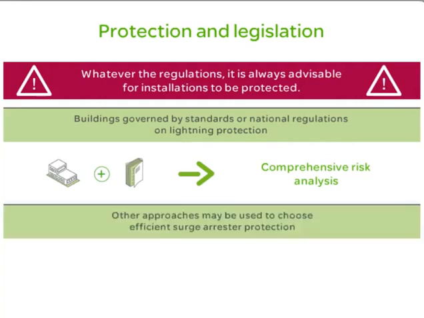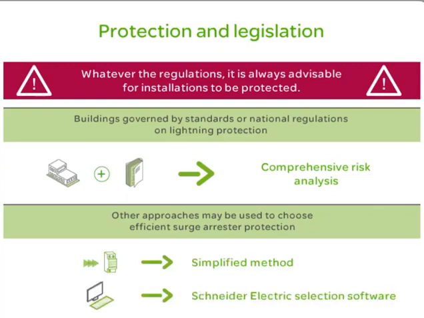If no regulations are applicable, an efficient protection device may be chosen by two simple methods available in the Schneider Electric offer: the simplified method, described a bit further on, which may be used to make a choice even without a computer, and the use of a Schneider Electric selection software tool, the link to which is proposed further on.